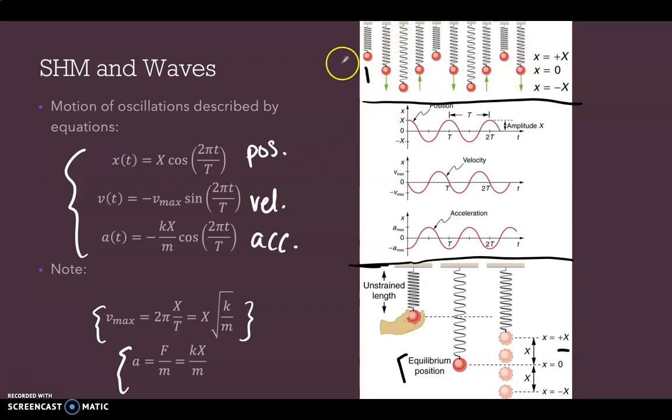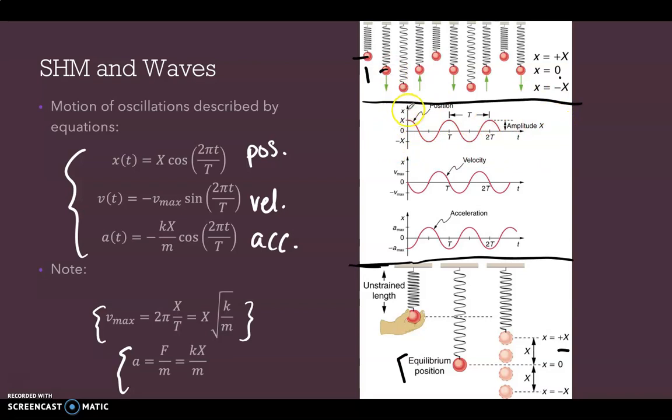If I were to follow that position, even just looking at this image, I can see that it already looks like a wave pattern. If I were to take data points, say it's at this point at x at time 0, and then at this point x equals 0 at time 1, and continue that, I can plot this exactly.